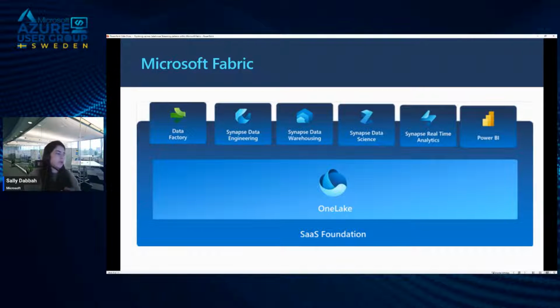Like, you can create a pipeline in the Data Factory component, or you can make a notebook in Synapse data warehousing, and so on. And IT teams can centrally configure core enterprise capabilities, and permissions are automatically applied across all the underlying services. Additionally, data sensitivity labels are inherited automatically across the items in the suite.